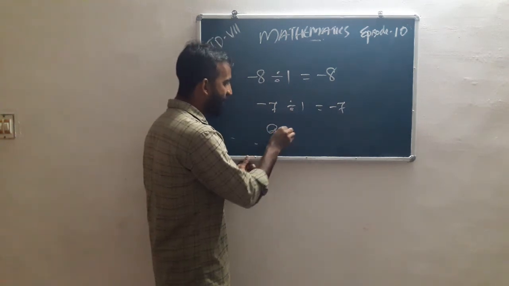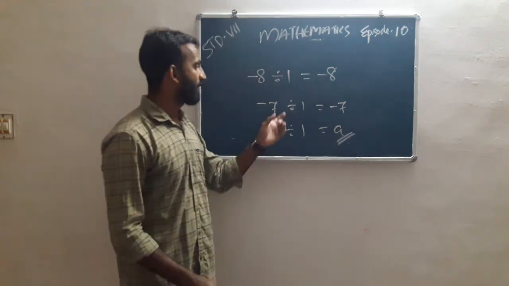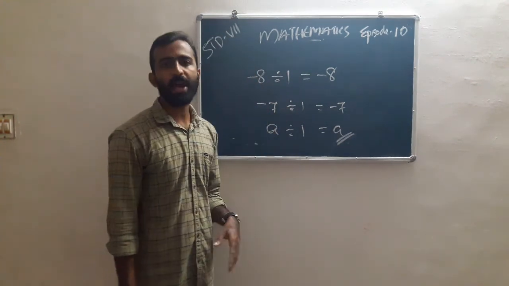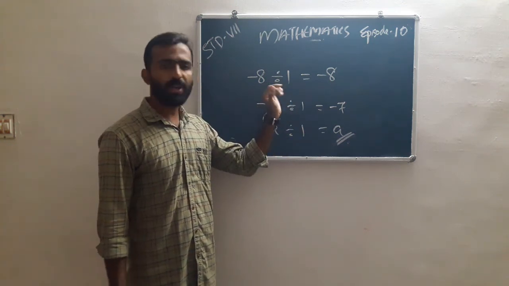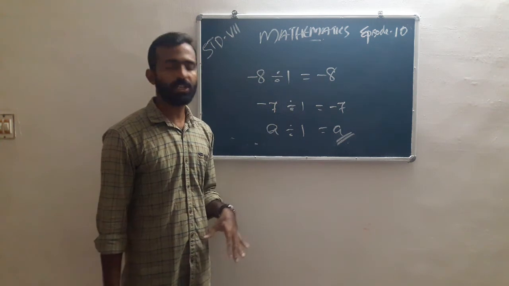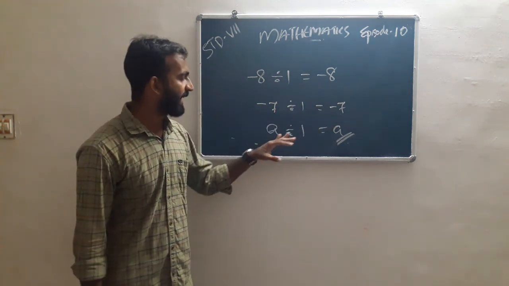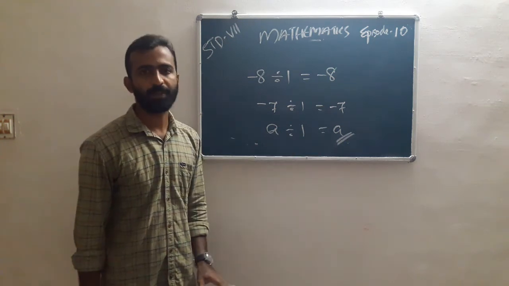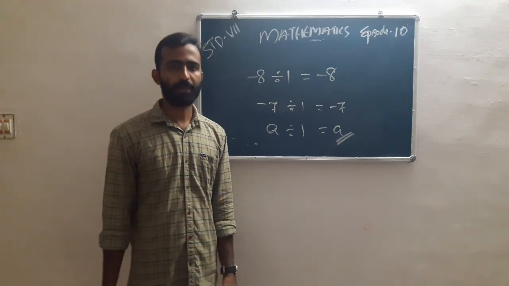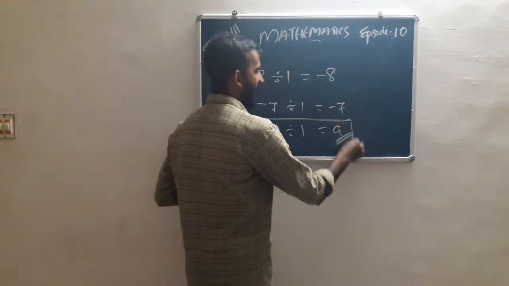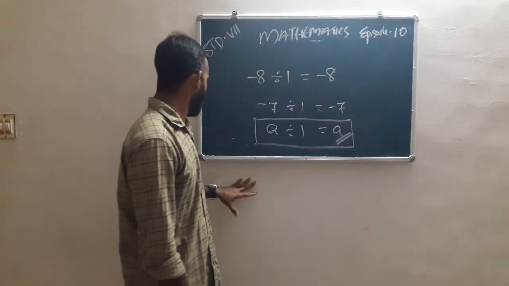That is, A divided by 1, we get A. When we divide by 1, we get the same number. That is, A divided by 1 equals A.